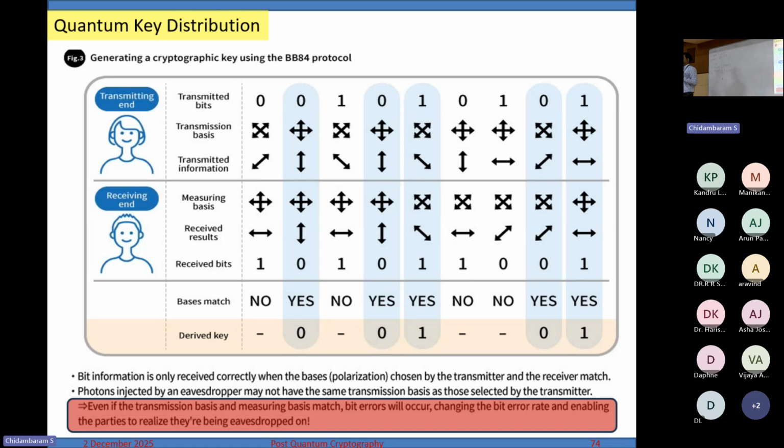That is the drawback of measuring the sent qubits, because there will be an error and people can detect it.